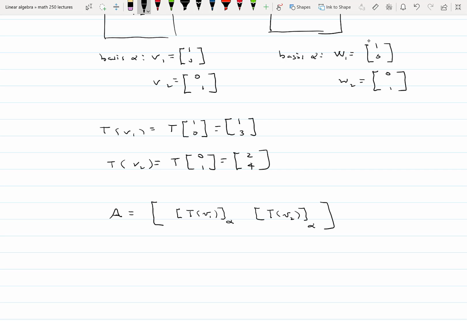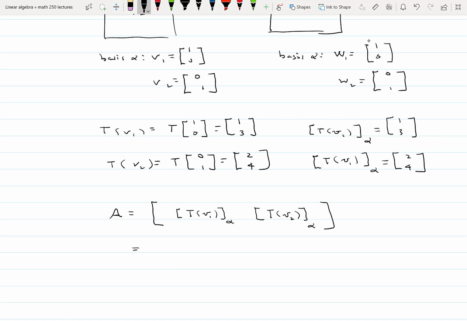This notation is going to look a little funny, but we'll get used to it. The coordinate vector of T of V1 with respect to the standard basis alpha is just the same column vector 1, 3. It's not always the case that we get the same column vector; we just happen to in this case. We'll see many more examples where the coordinate vectors are not the same.